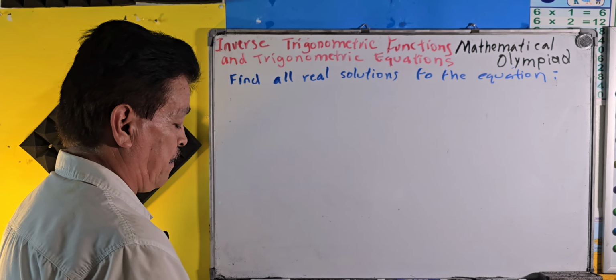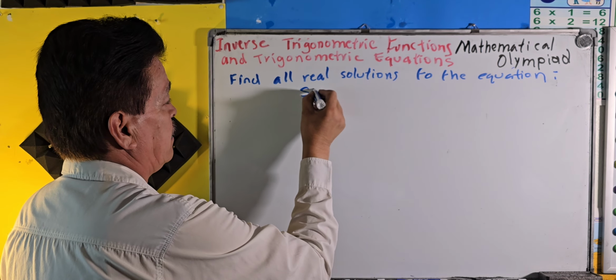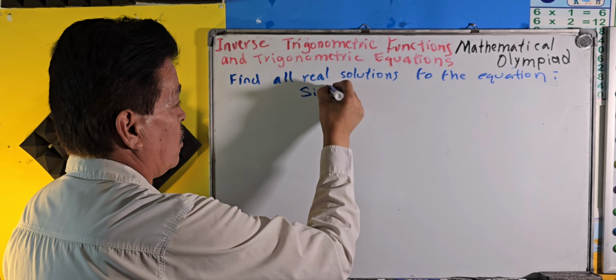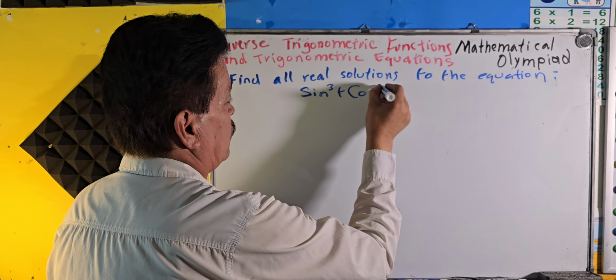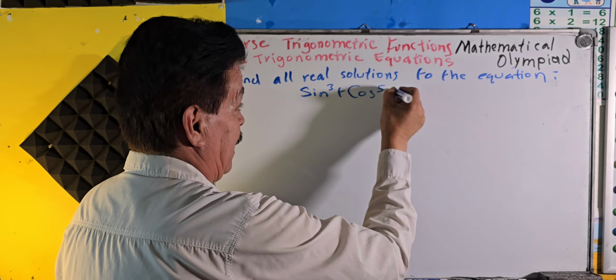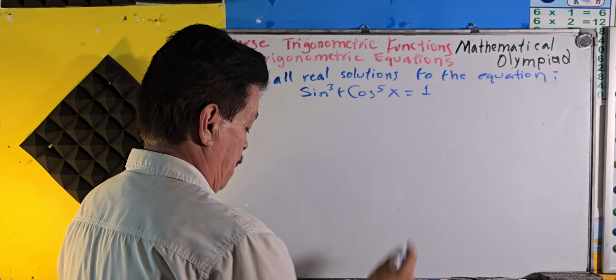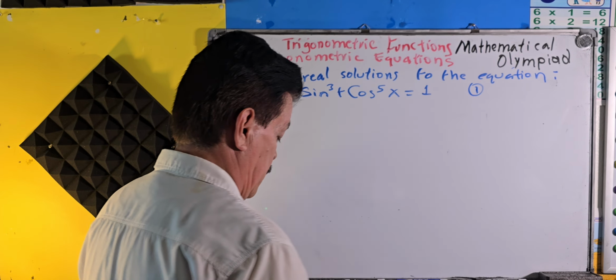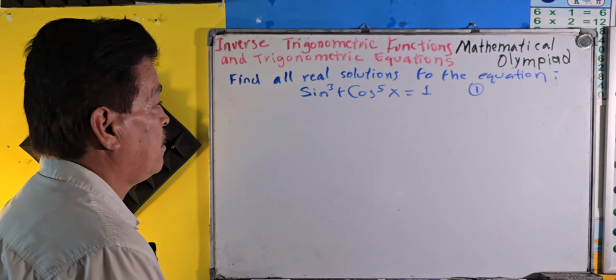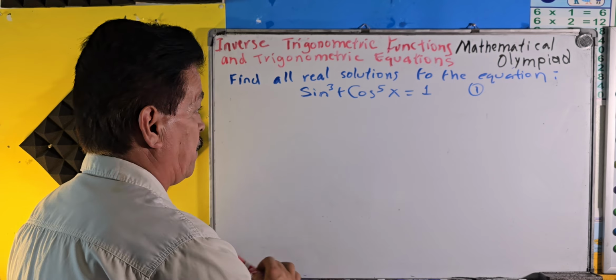The equation is sine to the third power of x plus cosine to the fifth power x equals 1. So this is number one, right? All right, this is our problem.